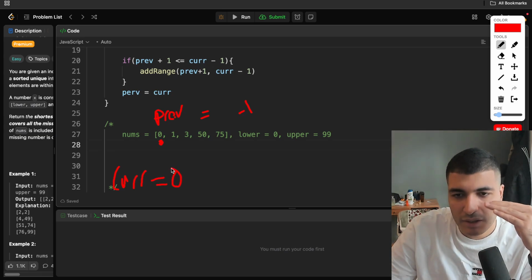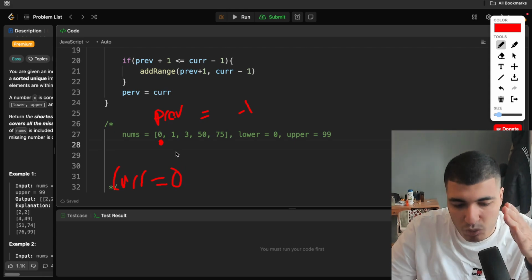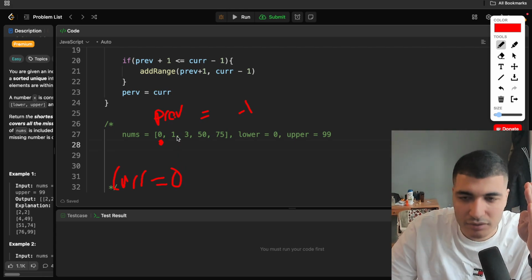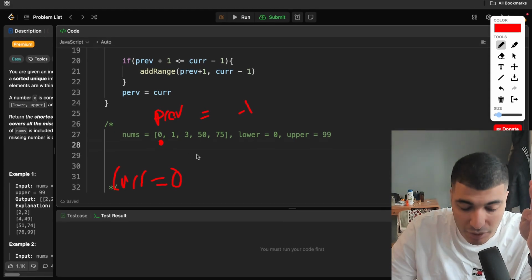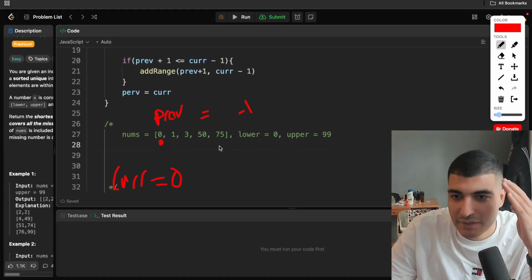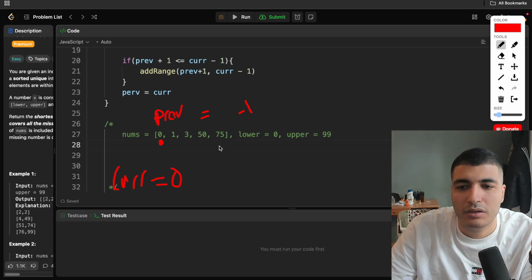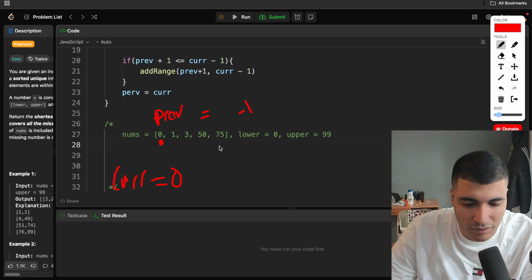The previous plus 1 is 0, and current minus 1 will be minus 1, because current is 0.